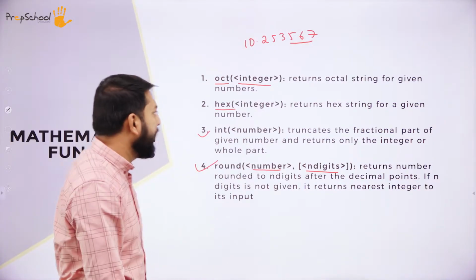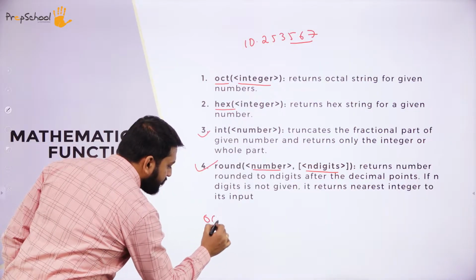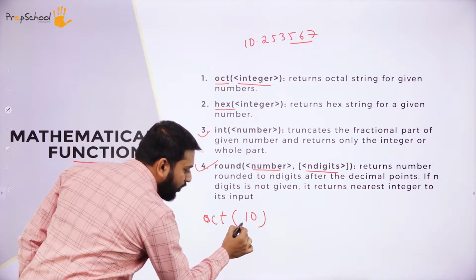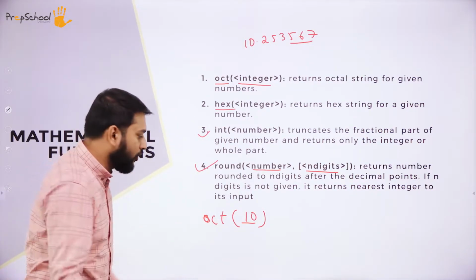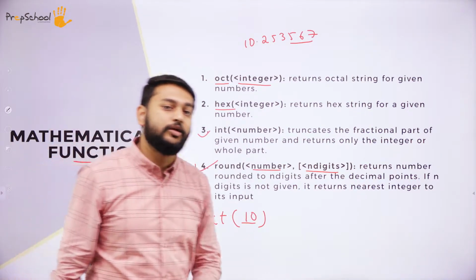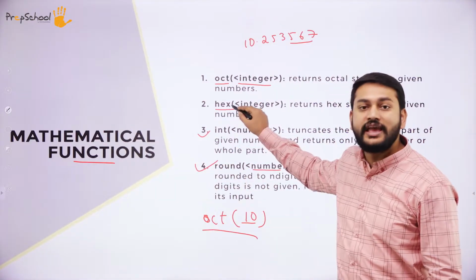Let me give you a quick recap. I have a function called oct. Suppose I pass any number, for example 10. What is the equivalent octal number for this 10? That will be returned by this function. In the same way, I have the hex function.